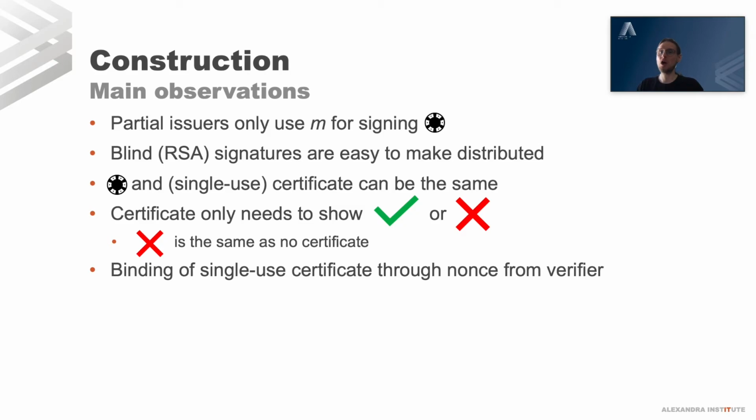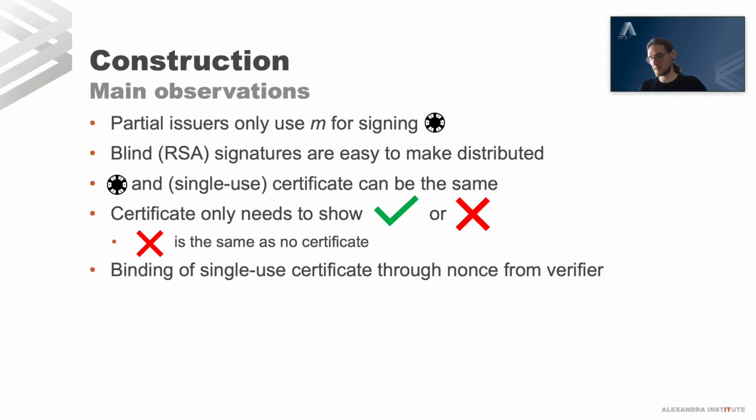And furthermore, since this is a protocol that we assume will actually be executed in the physical world, like as me going into a restaurant or into a bar or a cinema, it means that there's no need for a certificate saying no. We only need a certificate to say yes if it's okay, and that's basically it. The last thing is that this certificate can actually be bound to the specific protocol execution through a nonce from the verifier.